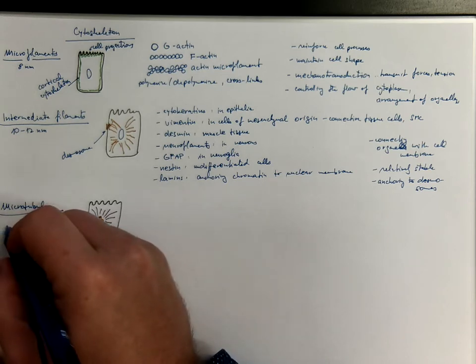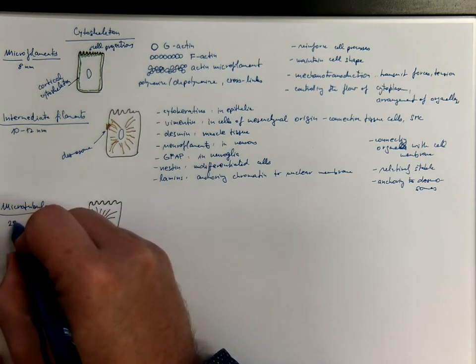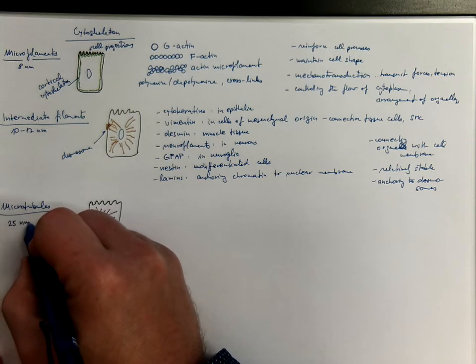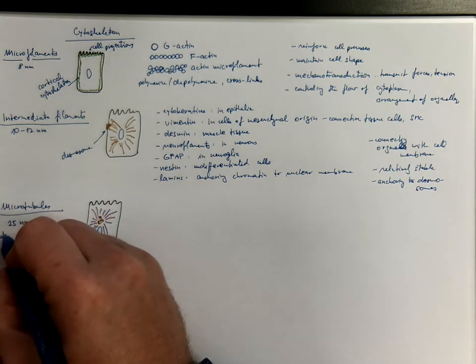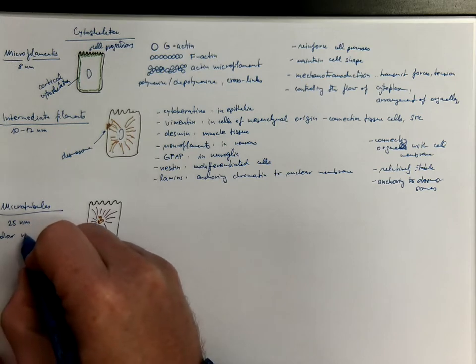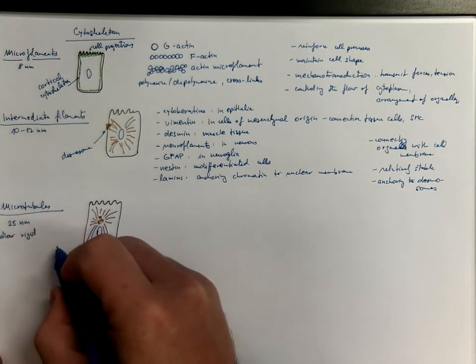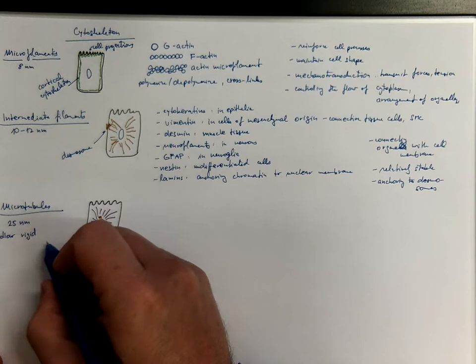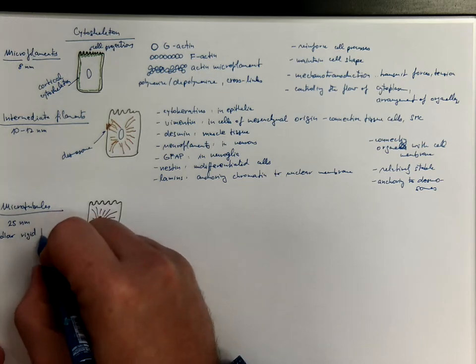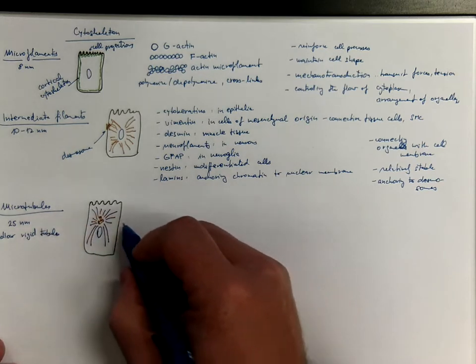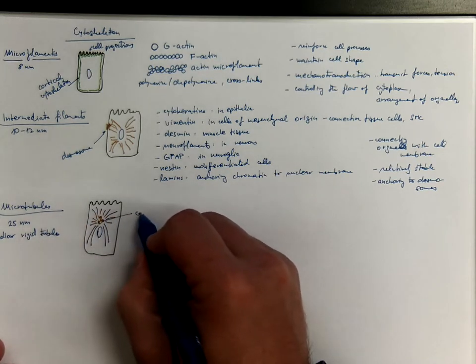So they are the thickest structures with a diameter of 25 nanometers. They are hollow, rigid tubules, organized around the centrosome.